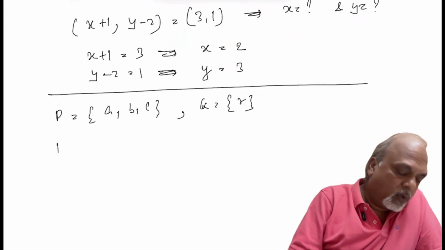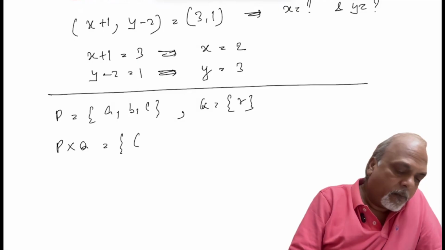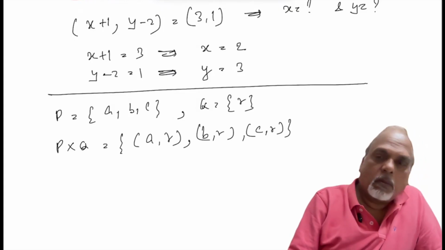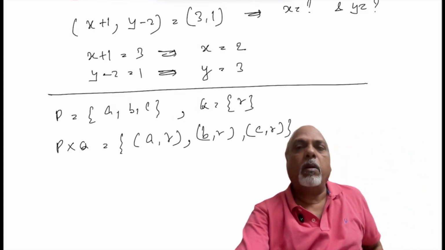Now what is P into Q? It is nothing but (a, r), (b, r), (c, r). Correct?